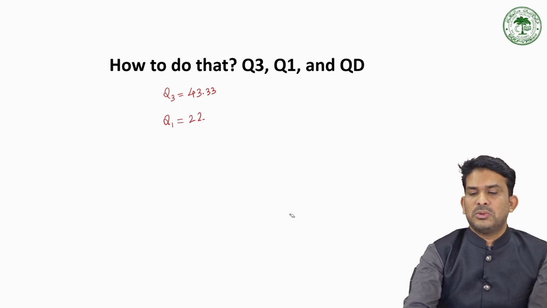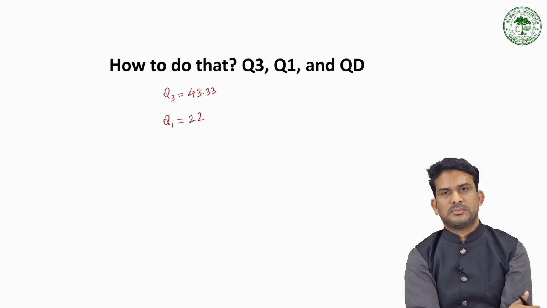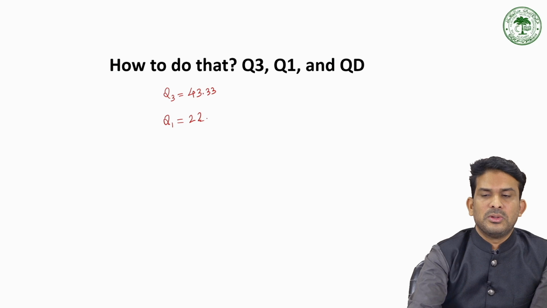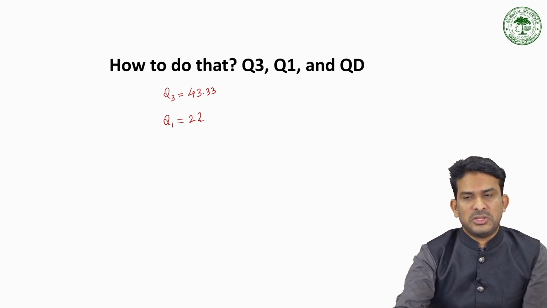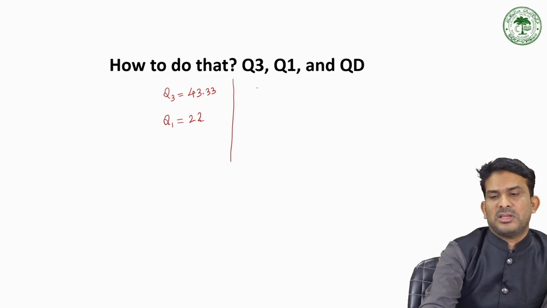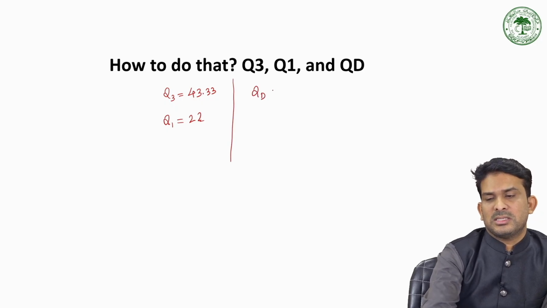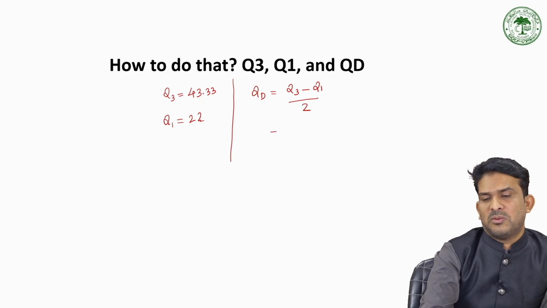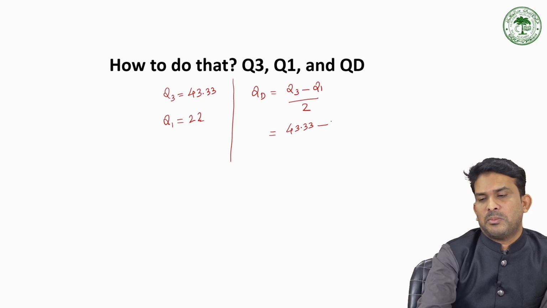So Q1, Q3 I got it. So the direct value I'm writing here, that is 22. So we got Q3 and Q1. Now what is quartile deviation? Quartile deviation is the semi-interquartile range, that is Q3 minus Q1 by 2. Go for the quartile deviation. 43.33 minus 22 by 2.